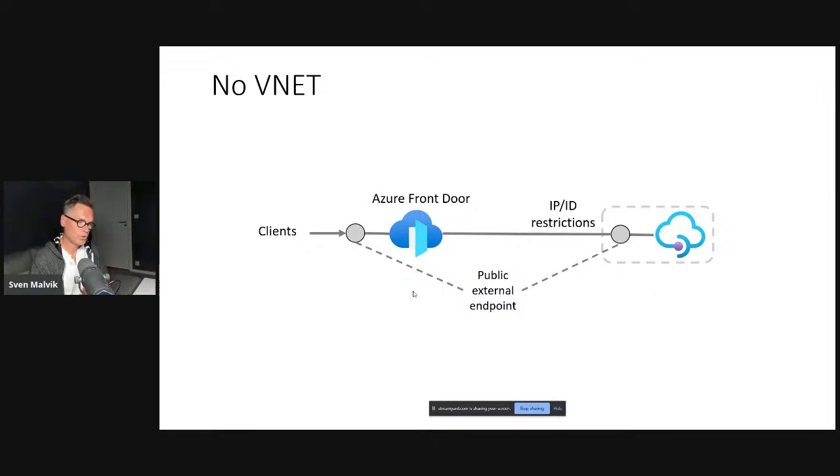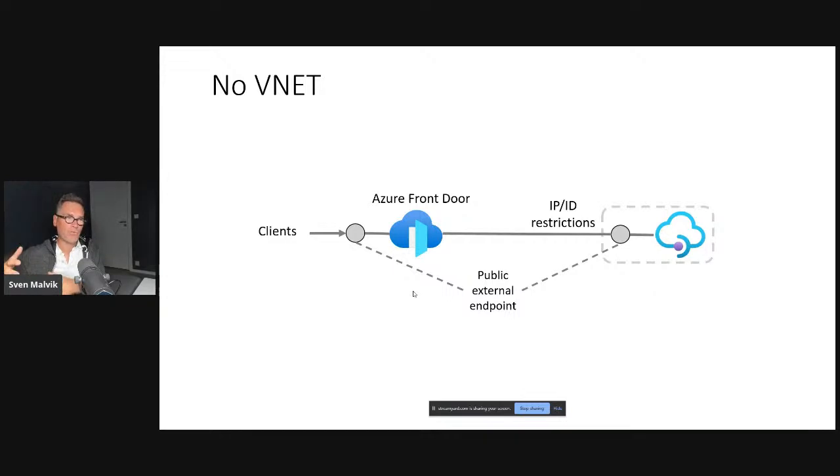So what we would do then, we would restrict API management with policies to just the IP addresses that are coming from Azure Front Door, but there's also a certain header from this Azure Front Door instance that we would also check in the policy, in the global policy.